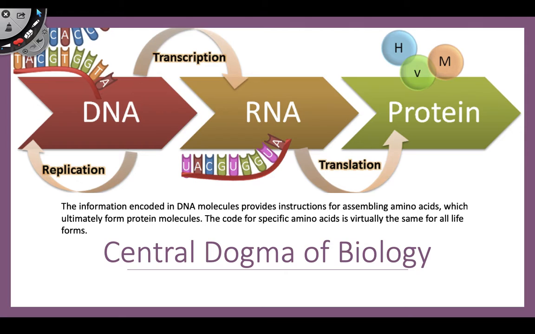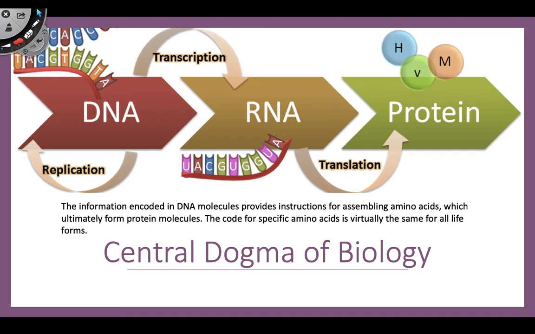All right, so once again, you're probably tired of hearing me say this, but let's review the central dogma of biology. DNA can make more copies of itself, that's known as replication. DNA can make RNA, known as transcription, and RNA can make proteins, that's known as translation. This is the central dogma of biology.